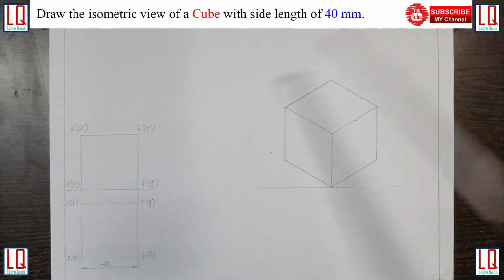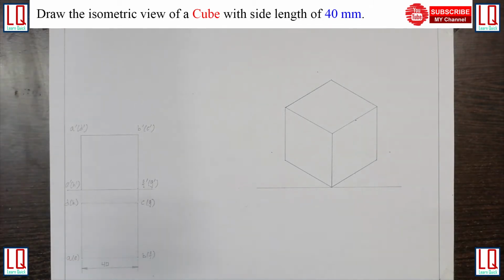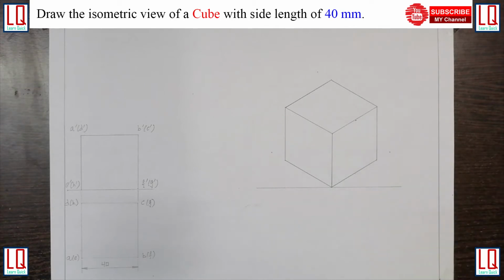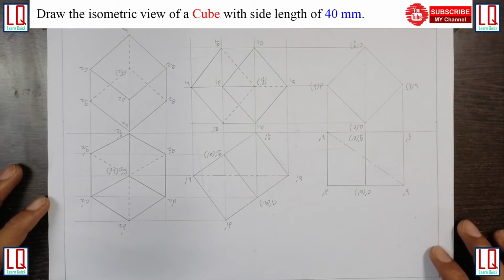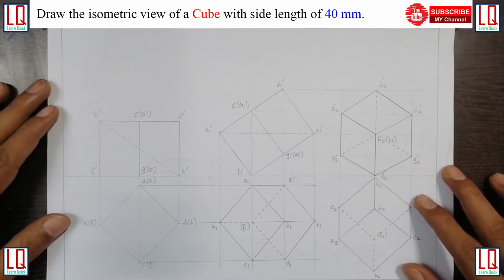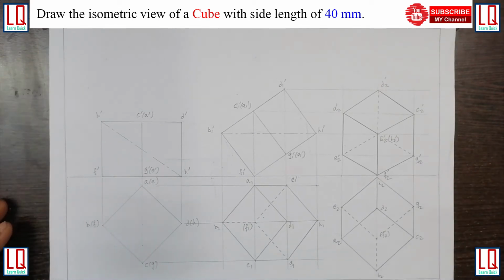Before we move on, we will see the concept, the story behind this projection. To understand better, I will introduce the isometric projection with the projection of solid of a cube.